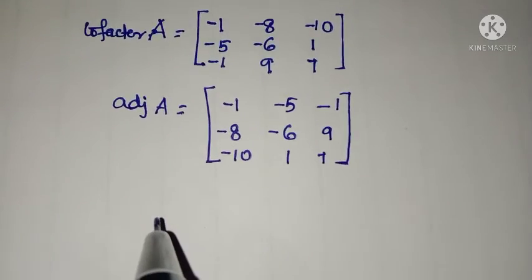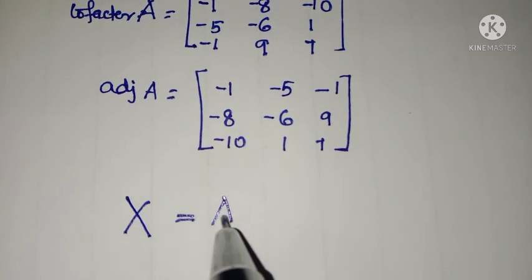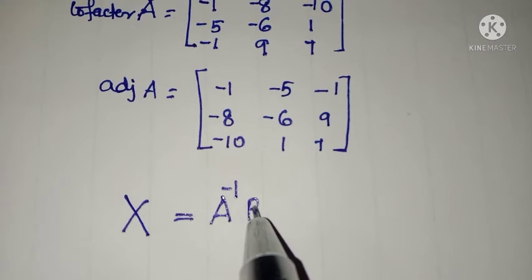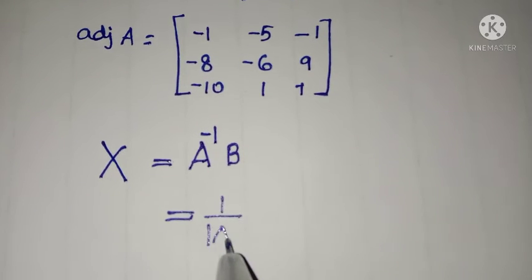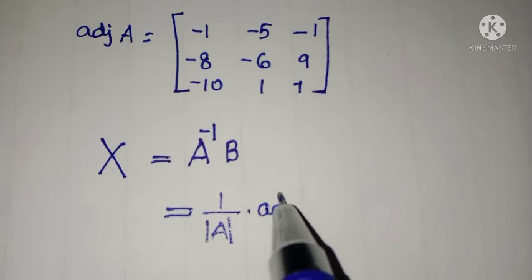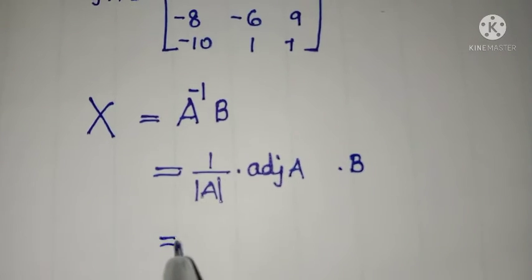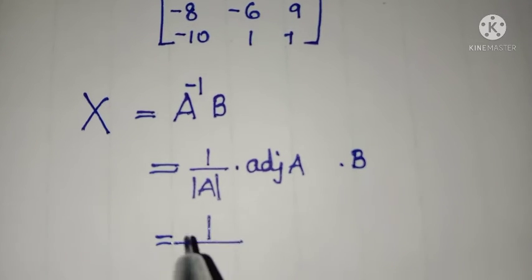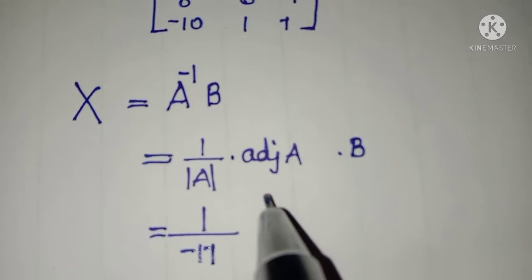Now the formula for obtaining X, the solution. X is obtained as A inverse into B. A inverse is obtained by 1 by determinant A into adjoint A into B. Now replace all the values. 1 by determinant of A, and determinant of A is negative 17.